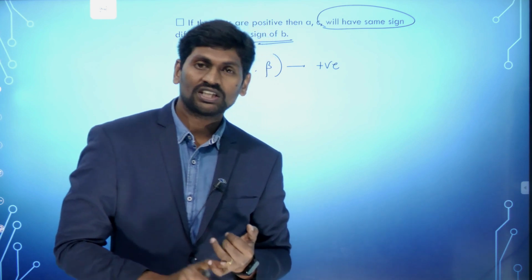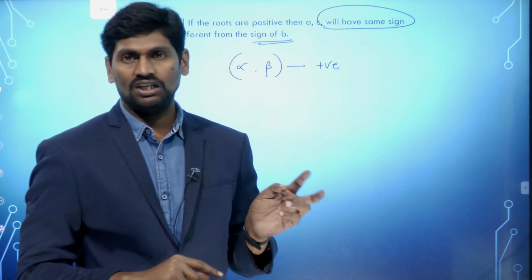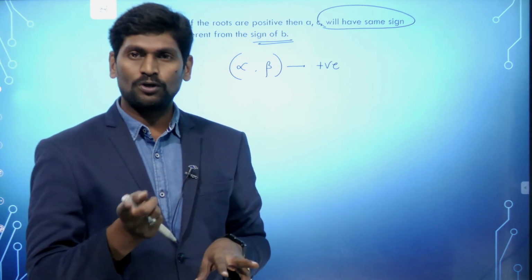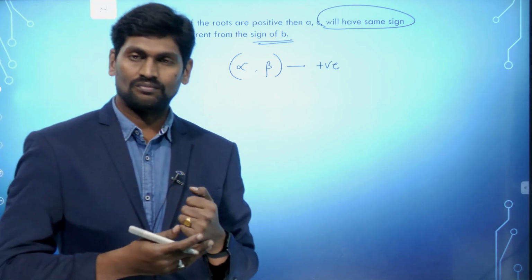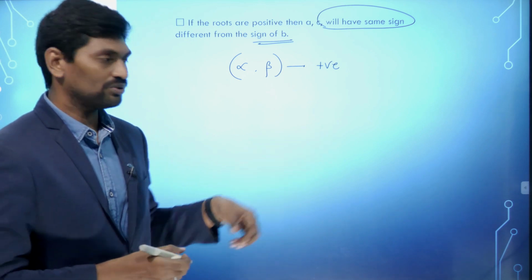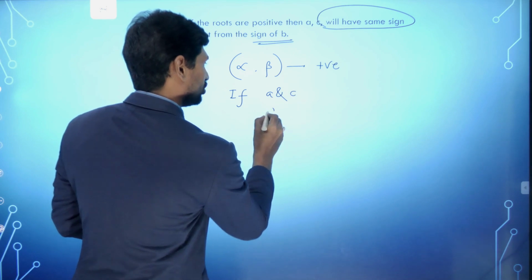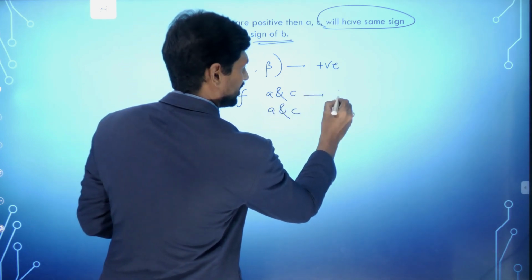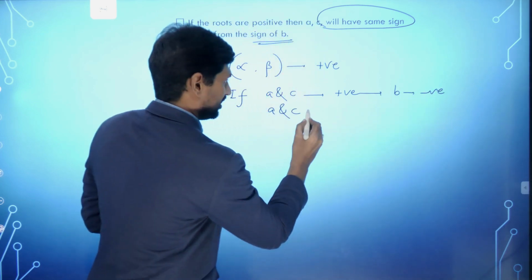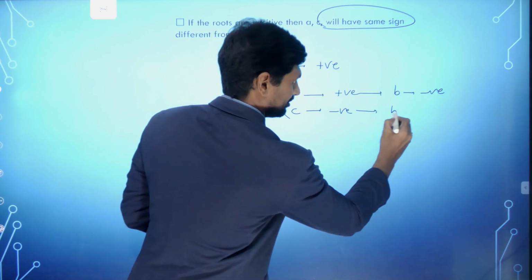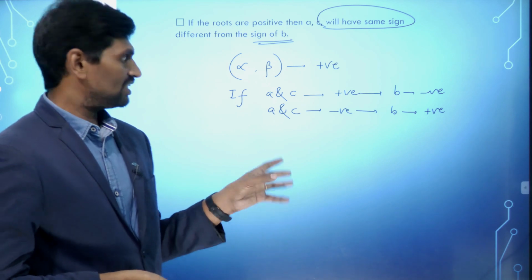That means the x square coefficient and the constant term both have the same sign, whether positive or negative, but b will be exactly opposite in sign. That means if a and c are positive, b will be negative, and if a and c are negative, b will be positive. We have discussed this in our earlier classes.